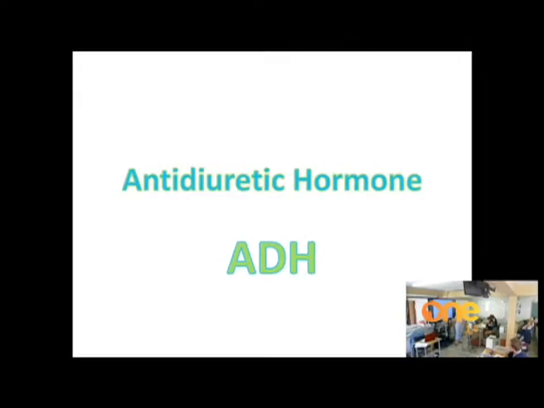Okay, now, I want you to concentrate on the following. We are going to look at how my nephron knows when to reabsorb more or less water. In order to do that, we have a specific hormone, the antidiuretic hormone.